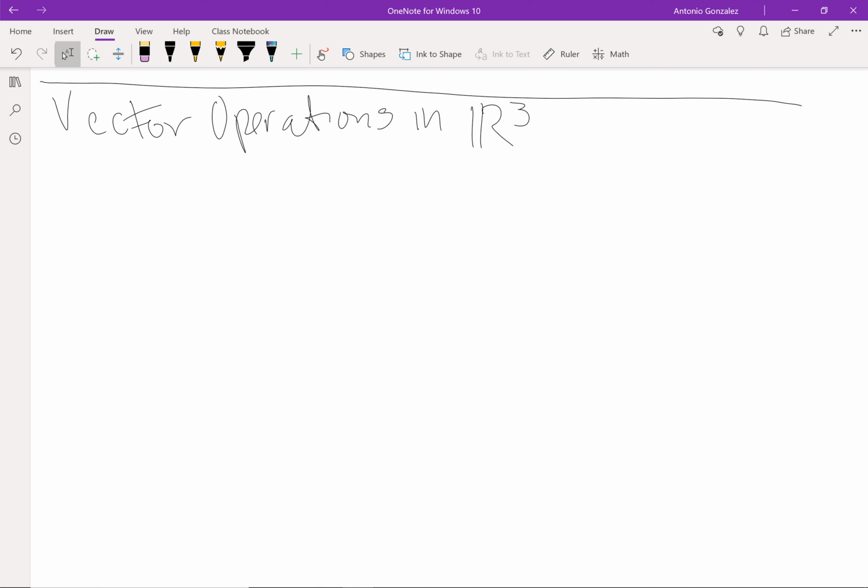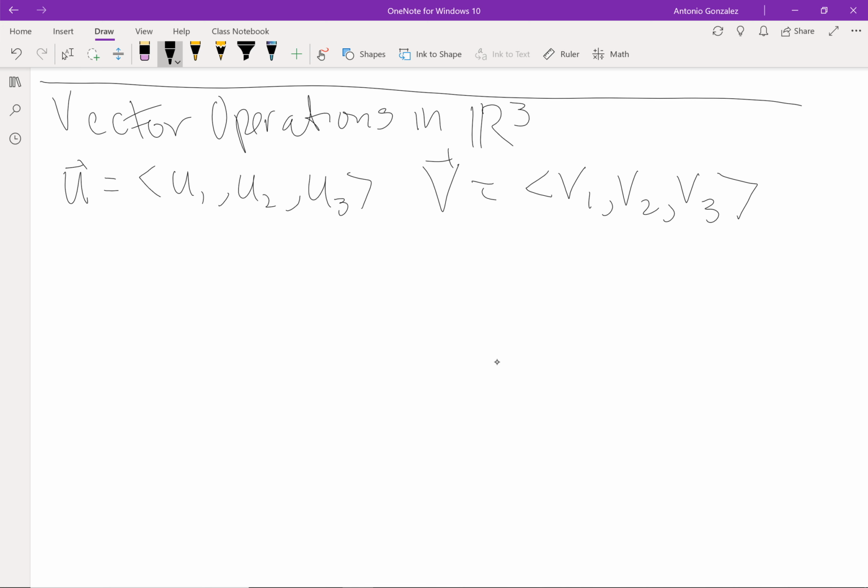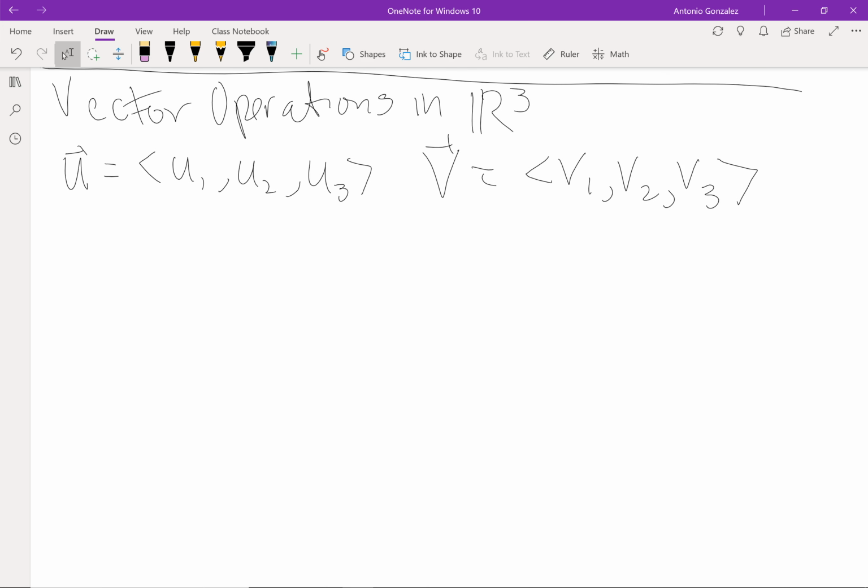All right, so vector operations in R3. So let's say that we have two vectors in R3. Let's say vector U has components U1, U2, U3, and vector V has components V1, V2, V3. All right, so U plus V is going to be done component-wise.